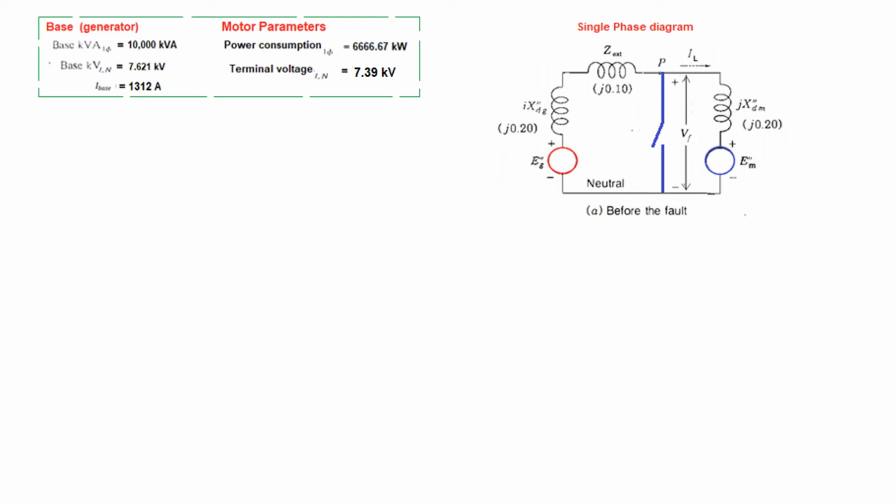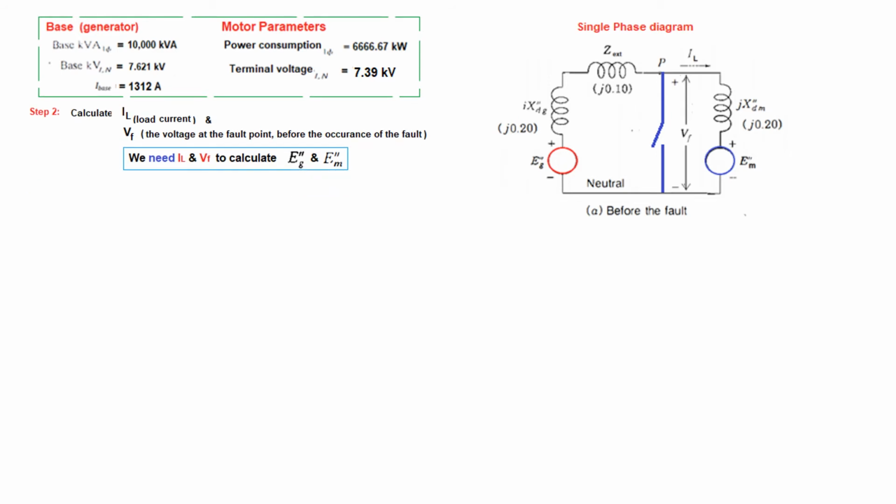Okay, so we were here, we had got the single phase parameters. Now our step number 2 will be to calculate the load current and the voltage Vf. So the load current through the circuit IL and the voltage Vf, the voltage at the fault point. And why we need IL and Vf?